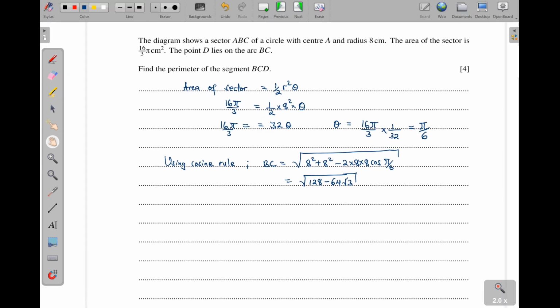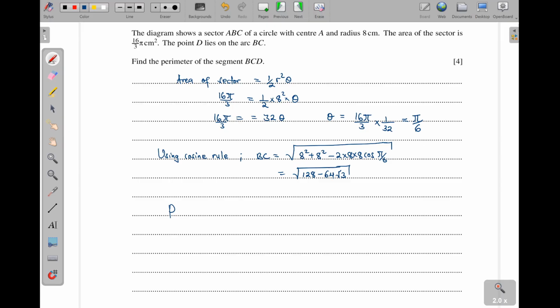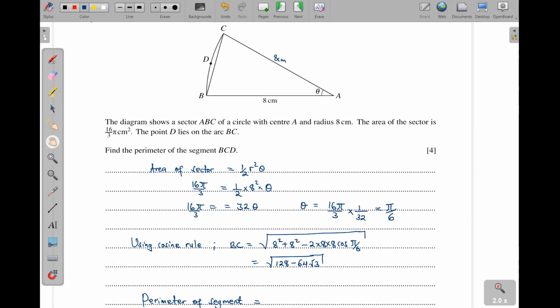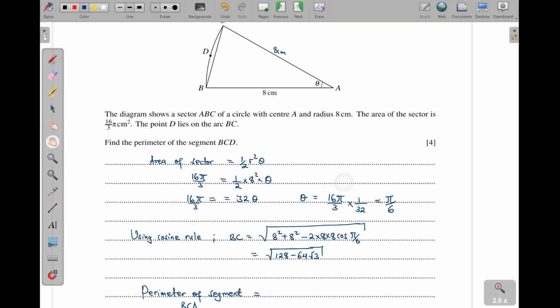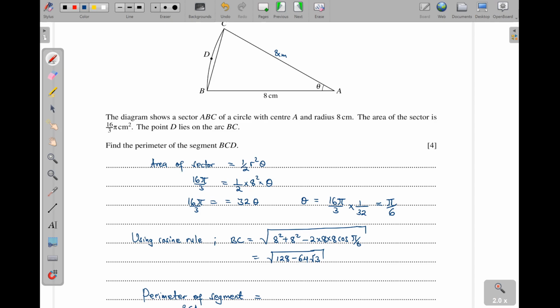Now, perimeter of the segment BCD. For the perimeter, we are summing up the lengths outside the shape, right? So we have this arc here, BDC, then we also have this BC, which is the straight edge.